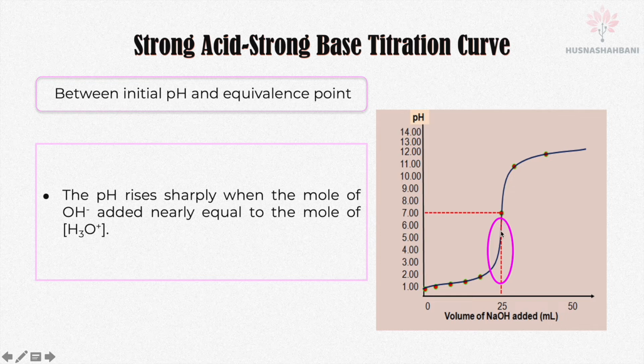It means it is nearly equal to the equivalence point. Here the concentration of H3O+ and the concentration of OH- are almost equal, but the concentration of H3O+ is still slightly above the concentration of OH-. They are just almost equal at this point.